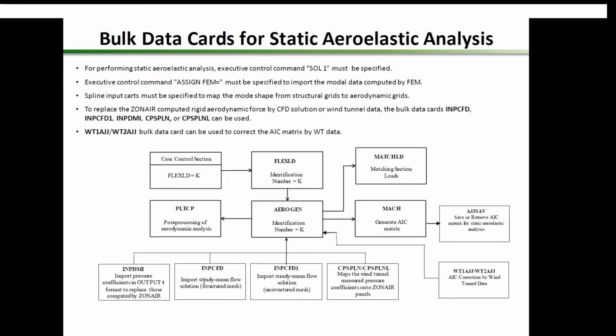Usually the CFD surface mesh is much denser than the ZONAIR panel model, so this replacement is very straightforward. ZONAIR just goes into the CFD surface grid to find, for a given panel, the closest CFD grid, then uses that CP to replace the CP on that panel.